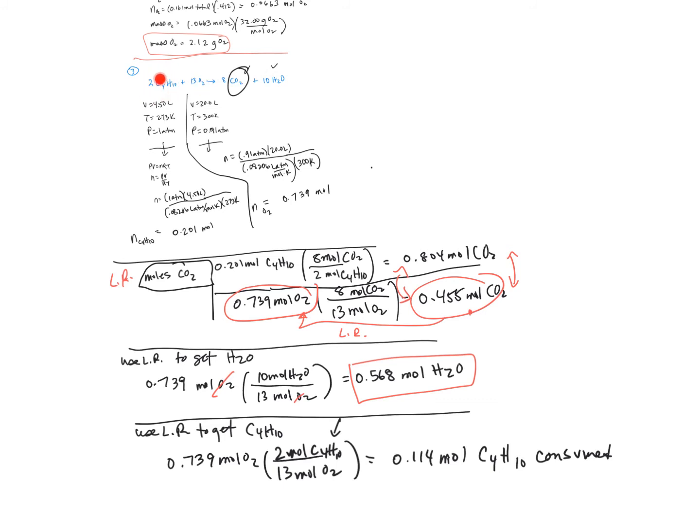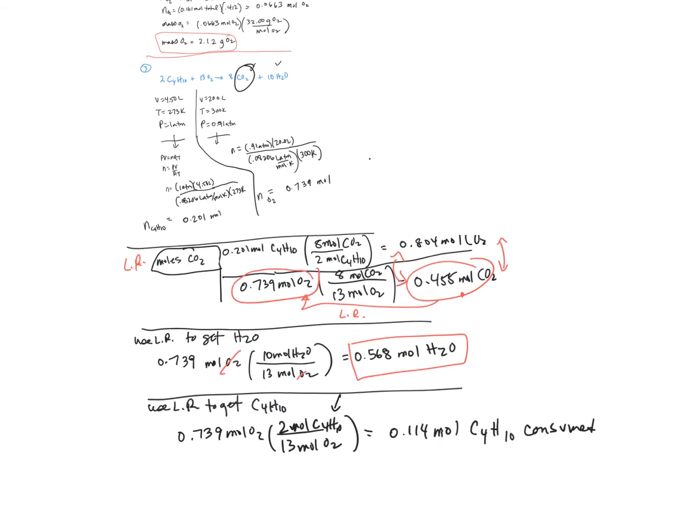Turns out you've got more than you need of this. This is the one we call the excess reactant. You got more than you need, so how much is left over after the correct amount reacted completely with all of the limiting reactant O2 to form the product? So there's two parts to it.